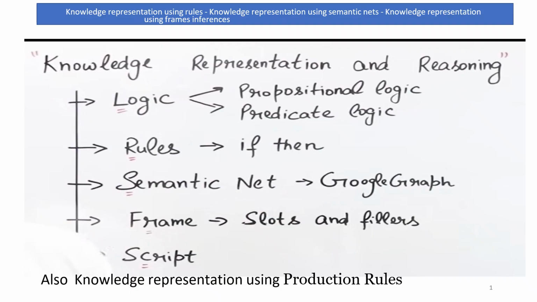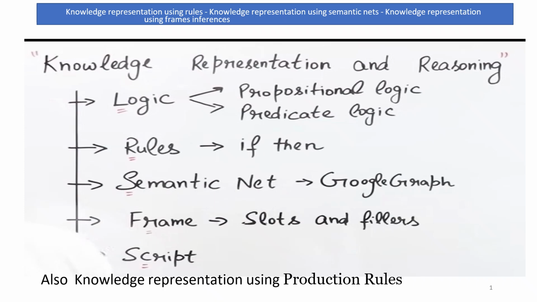And next to it, script. It represents knowledge about a sequence of events in a particular situation. For example, a restaurant script: customer enters the restaurant, then customer sits at a table. Waiter gives the menu. Customer orders the food. Food is served. Customer pays the bill.